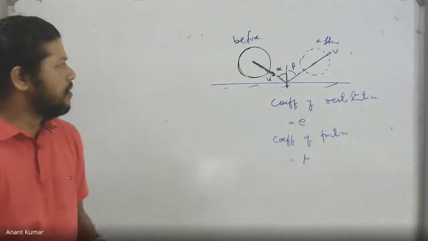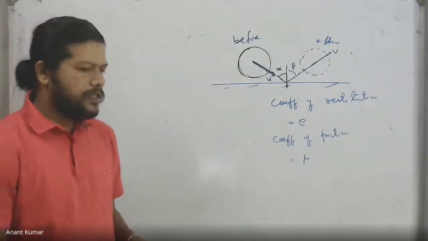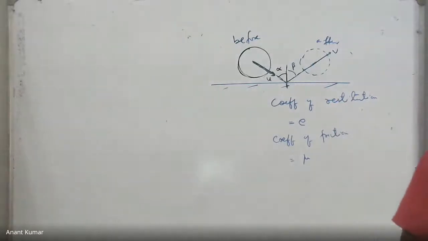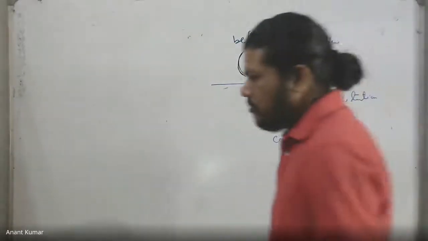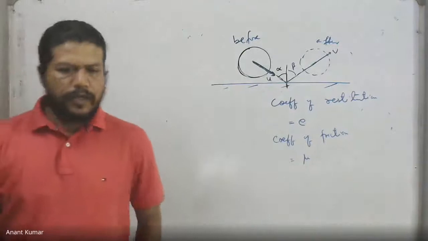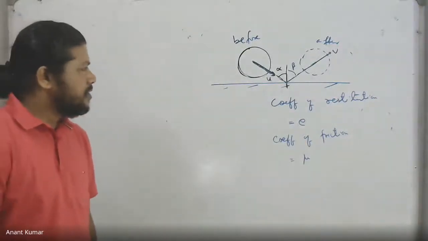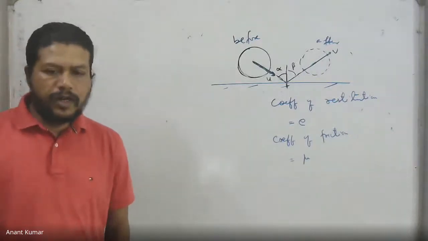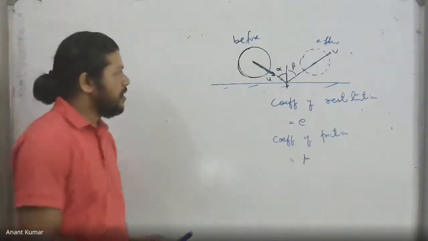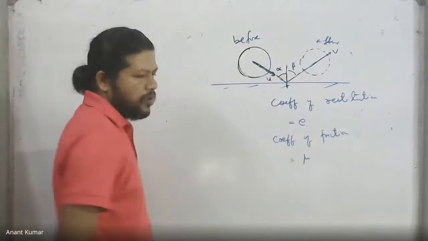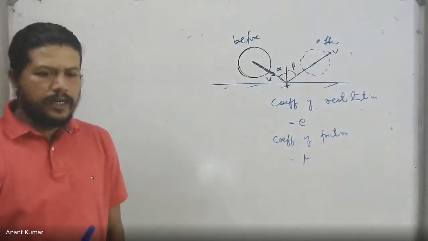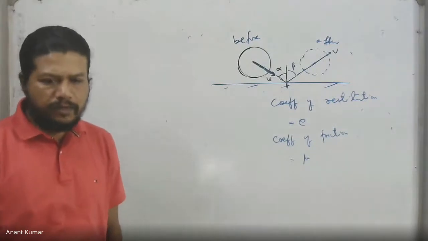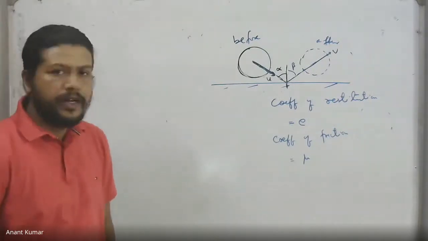Let's think of this one. As I was saying, if we consider the collision between the ball and the floor over here, first of all, the restitution coefficient is applicable only in the normal, perpendicular direction, okay? That is in this direction. If I look at the normal direction, the outgoing velocity will be E times the incoming velocity in that particular direction.